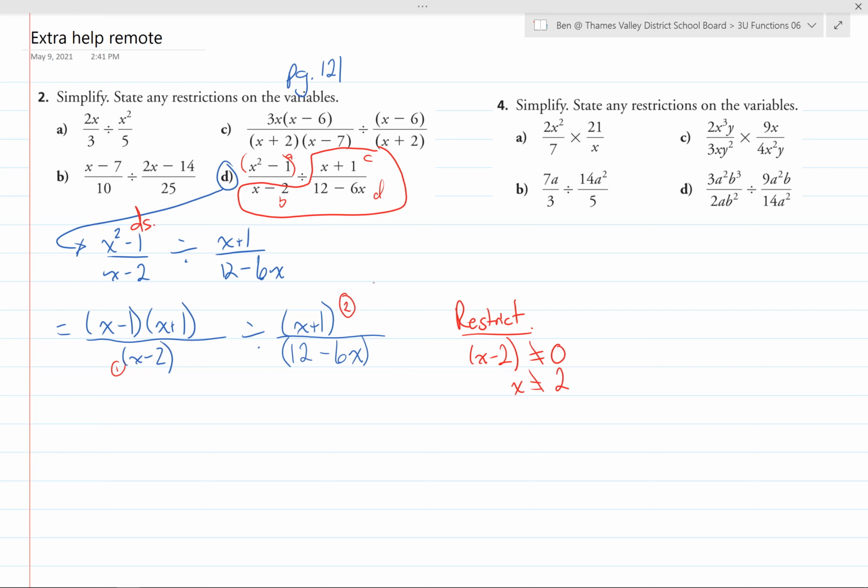Next, I'll look in the C position. We'll call that restriction number 1. Restriction number 2, x plus 1 cannot equal 0. I can rearrange this so that x cannot equal negative 1. And lastly, restriction 3 here, 12 minus 6x cannot equal 0.